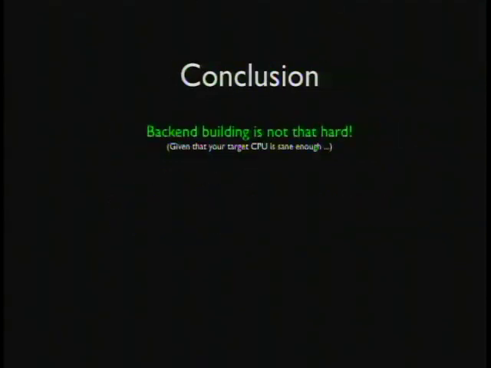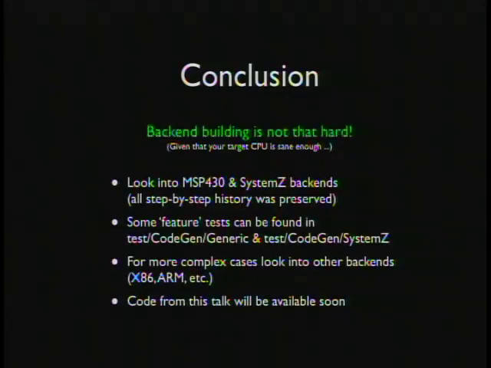So here is the conclusion. One can build a backend in a pretty straightforward way, surely given that your CPU is more or less sane. Building for complex CPUs can be not so easy, but in any case, it's doable. Here is how one can proceed.